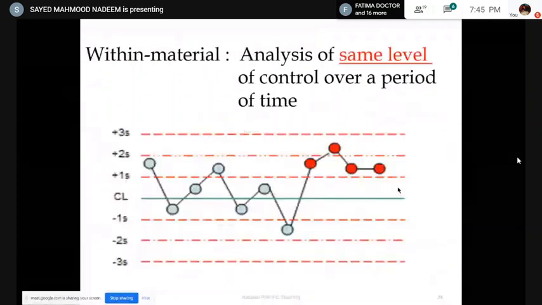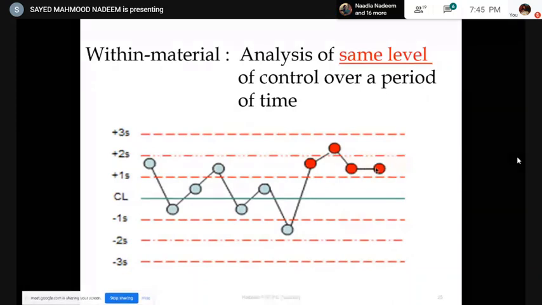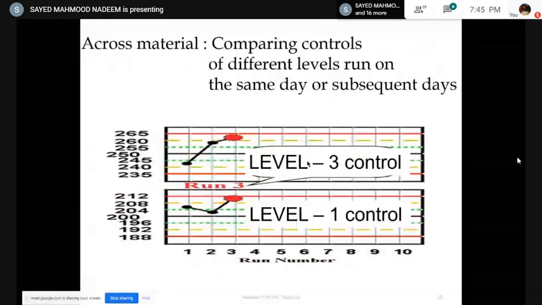Similarly, you can have within material, that is analysis of the same level of control over a period of time. If only one material is being analyzed, it is called within material. Across material is when you compare one level with the other level.